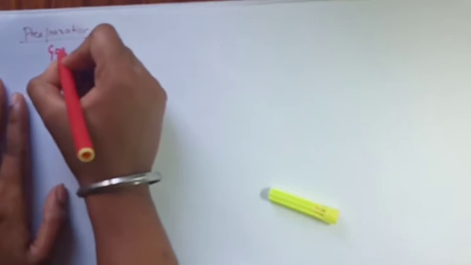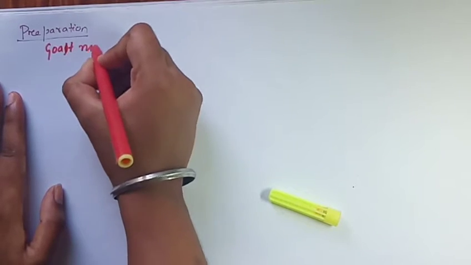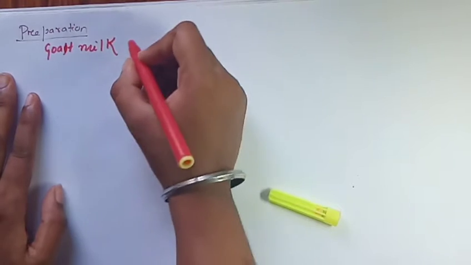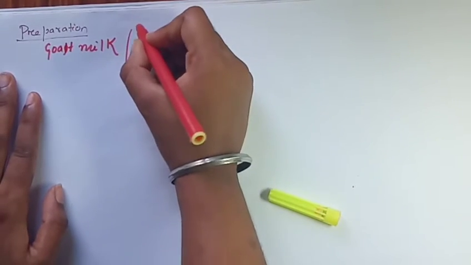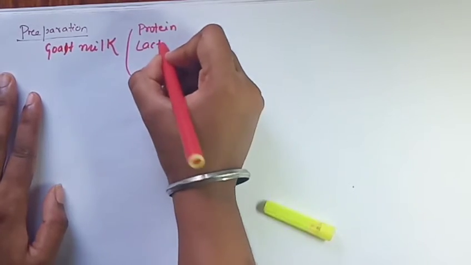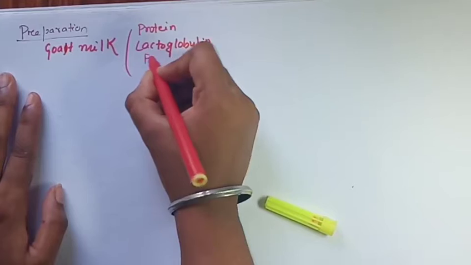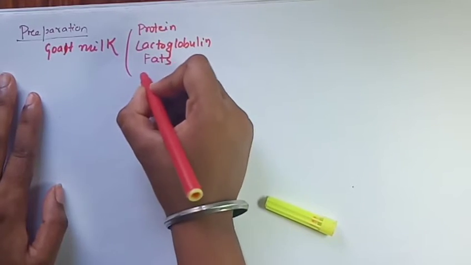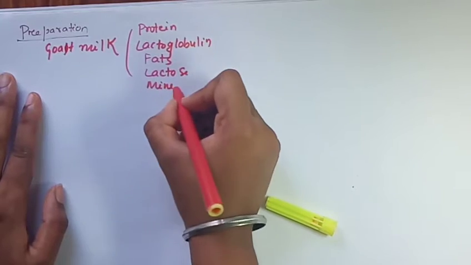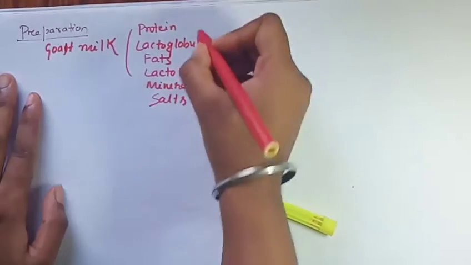From goat milk we produce sugar of milk. So what does goat milk contain? It contains protein, lactoglobulin, fats, lactose, minerals, and salts.